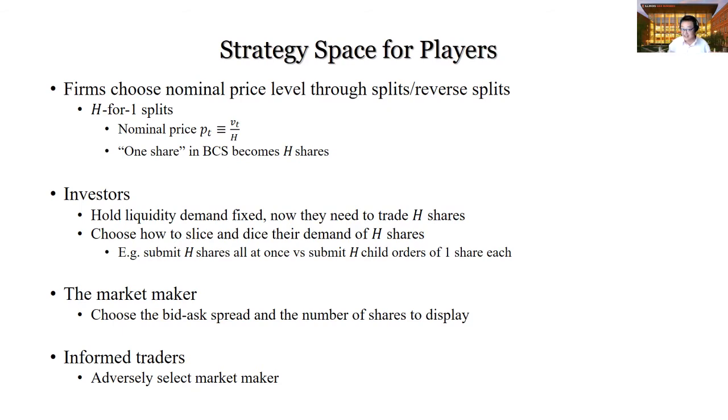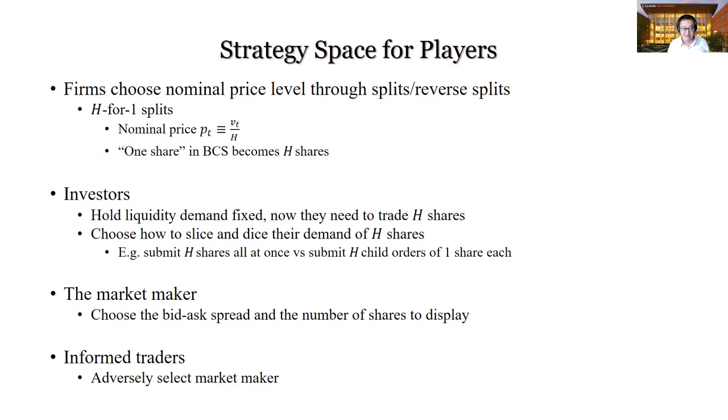Now the investor needs to trade H shares, so they need to make a decision. Holding the demand fixed, how can I trade? I can choose how to slice and dice my demand into H shares. I can throw all the H shares at the market, which is the solution of Budish, Crampton, and Shing, or I can divide that into H child orders of 1 share each. That's the investors.